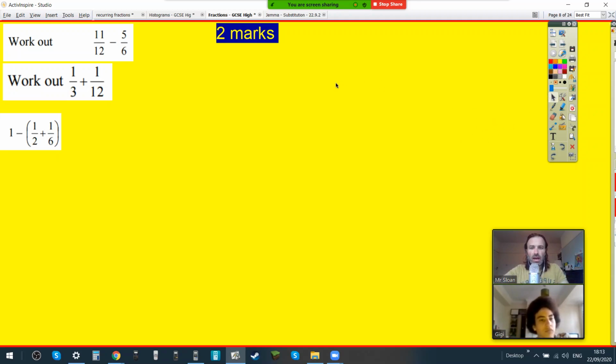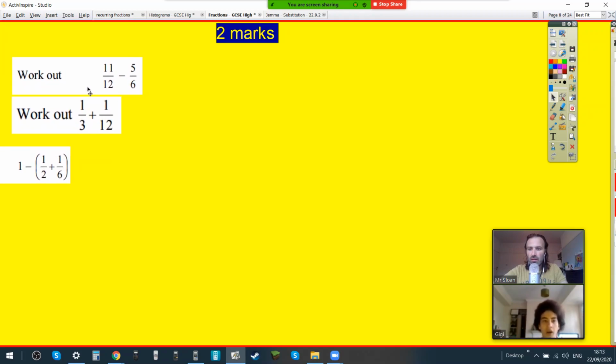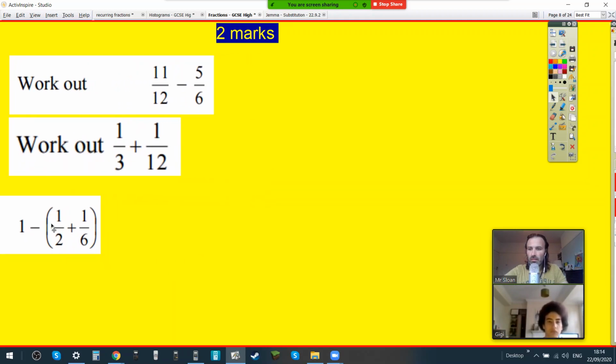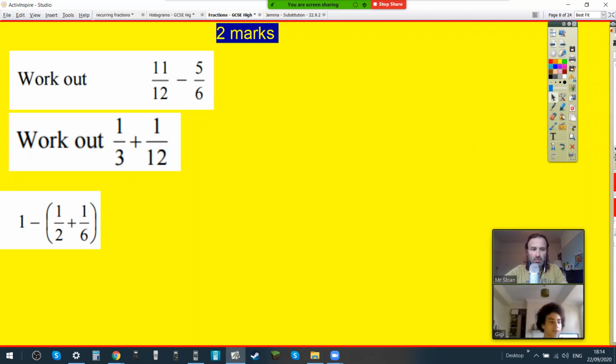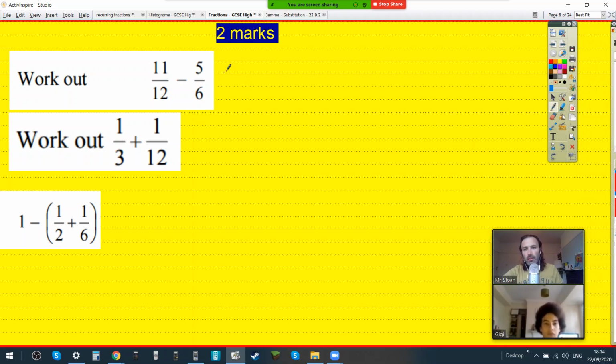So adding and subtracting. How do we do these? Well, you find the lowest common multiple. Yep. It will be 24. Okay.